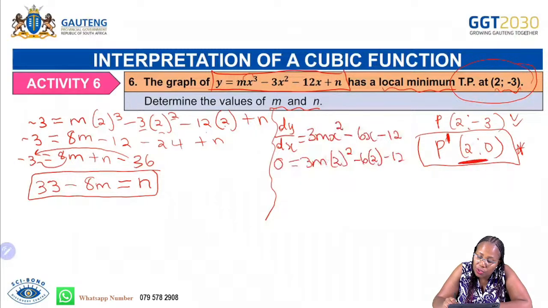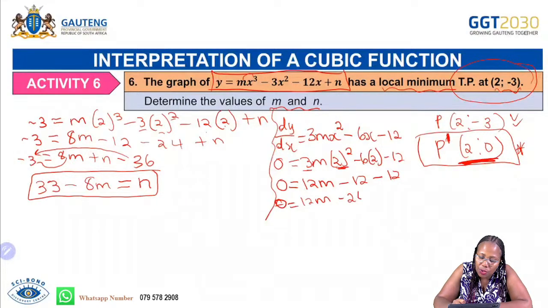We are substituting this point here. Now we have 0. 2 squared is 4 times 3 is 12m, minus 6 times 2 is 12, and that minus 12. So this gives us 0 equals 12m minus 24. We transpose 24 to become positive 24 equals 12m. Divide by 12 on both sides, therefore m is equal to 2.